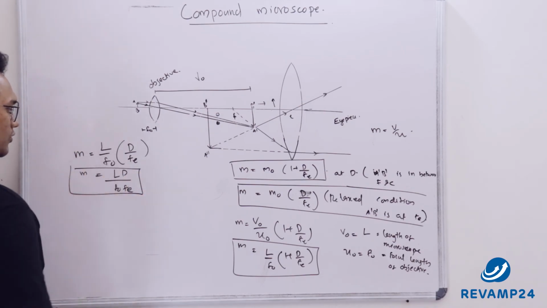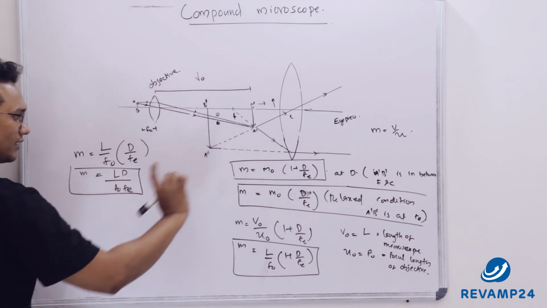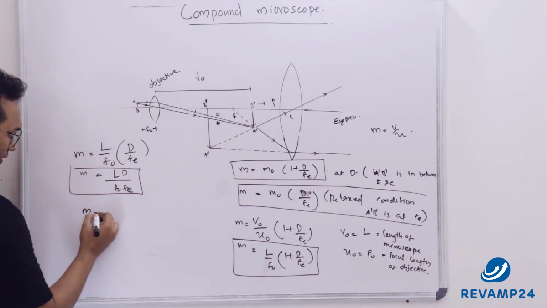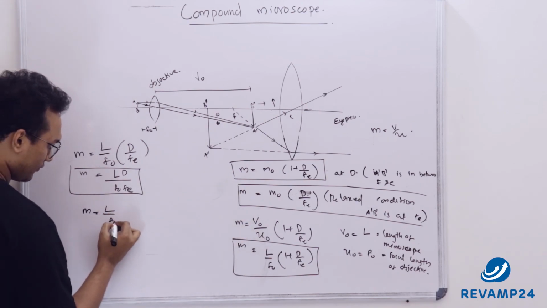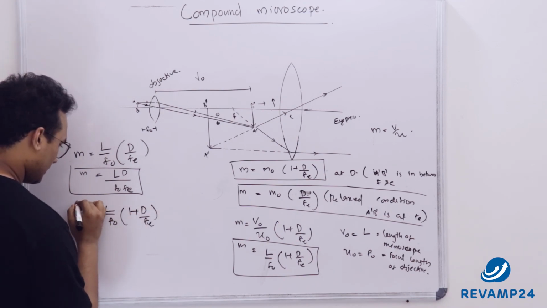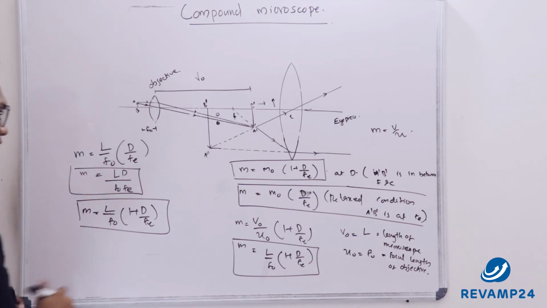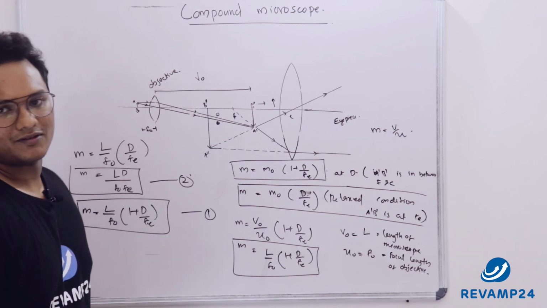This is the equation for magnification in the relaxed view condition, or when the image is at D, then the equation is magnification is equal to L by FO into 1 plus D by FE. Either this equation or this equation. I have told you the conditions when we are using equation number 1 and equation number 2. Accordingly, you can substitute the value. Okay, thank you.